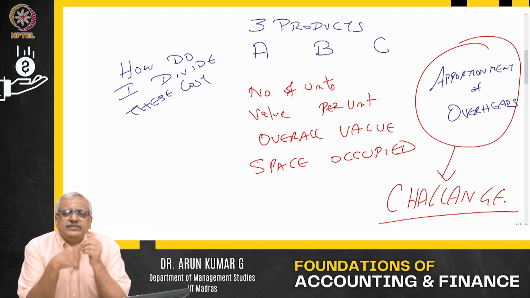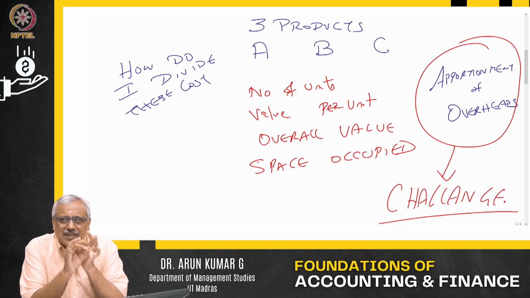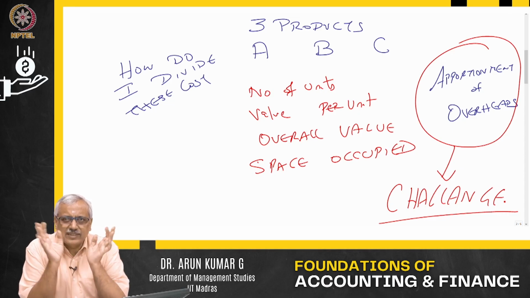But today we have moved into a situation where we are trying to use a little more scientific method of apportioning these overheads, and that method of apportioning the overheads is what we call activity based costing.